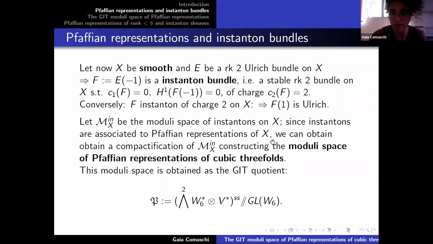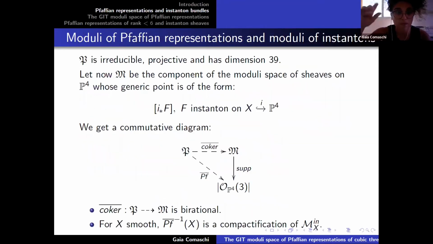We can construct this space as the GIT quotient of the locus of semistable matrices of linear forms. We take the quotient by the action of the group GL6. And we just get an irreducible projective scheme that has dimension 39.